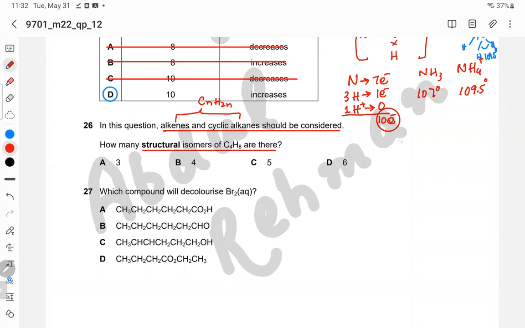For C4H8, I can make a butane chain like this, right? Then if I make this structure and put a double bond over here, it's a butene, a second isomer. And if I make three carbons and the fourth carbon as a branch, and then I put a double bond, then it is 2-methylprop-1-ene, a third isomer.